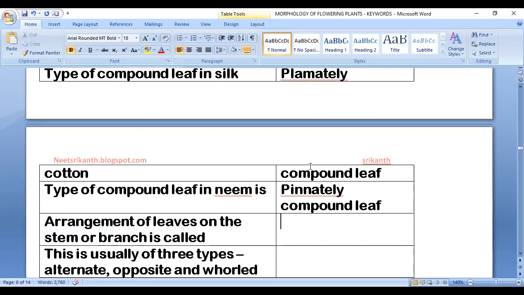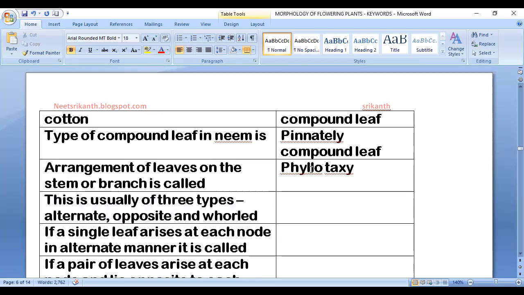The arrangement of leaves on the stem or branch is called phyllotaxy. Phyllotaxy is usually of three types: alternate, opposite, and whorled. If a single leaf arises at each node in an alternate manner, it is called alternate phyllotaxy.